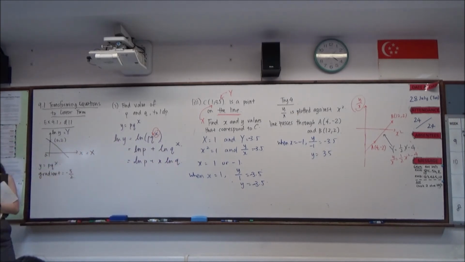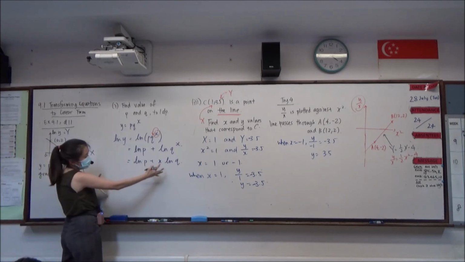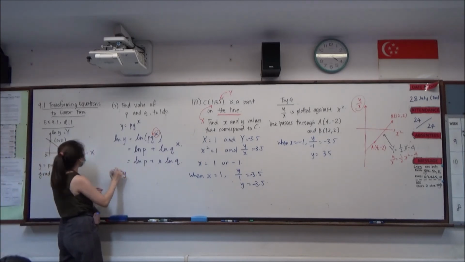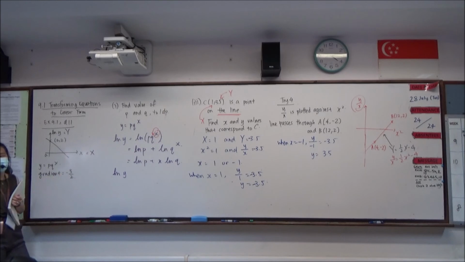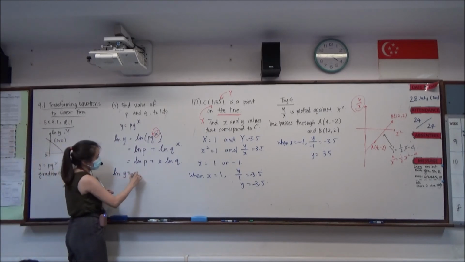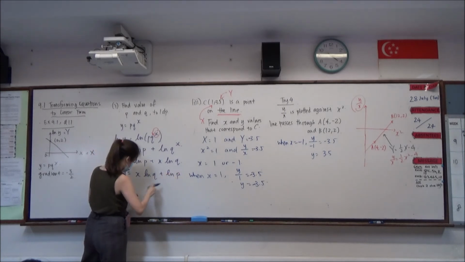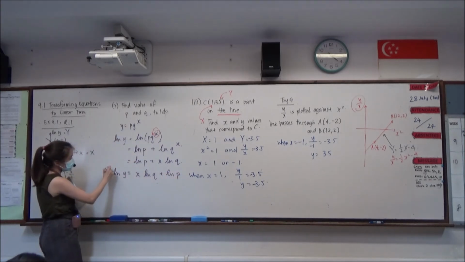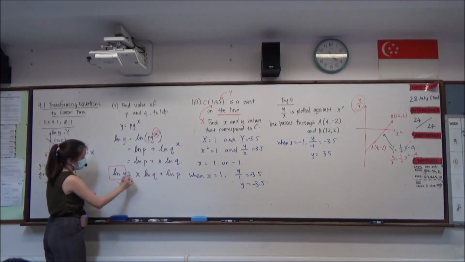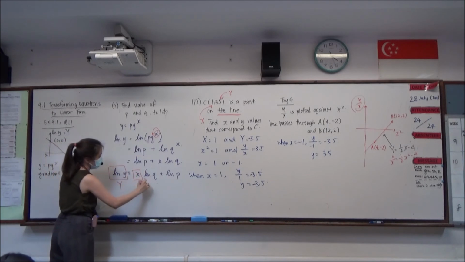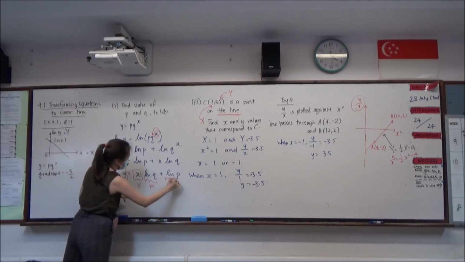Let me rearrange this into a linear form that fits our big Y and big X situation. I'm writing it as x ln q plus ln p. That means this is the big Y, this is my big X, this is my gradient, this is my intercept.